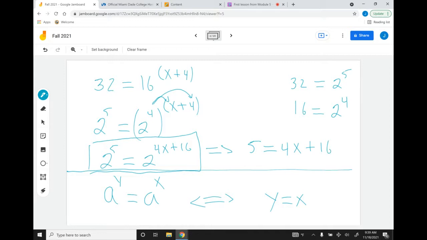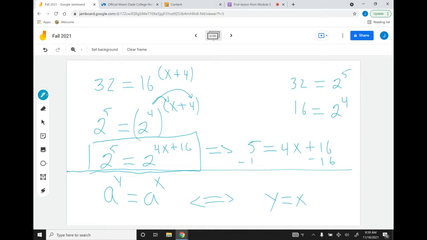Okay? And look where you end up. You end up with a basic linear equation. So I'm going to move the 16 over, so that's going to be negative 11. And then we're going to divide this by 4. So I end up with negative 11 here.